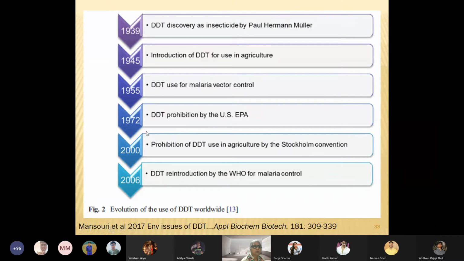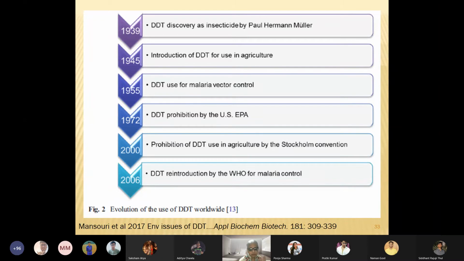At least in the US, it was in 1972. India followed suit much, much later. But the WHO has allowed or recommended reintroduction of DDT for malaria control, because the sad fact of the matter is that mosquitoes seem to be resistant to every chemical except DDT.